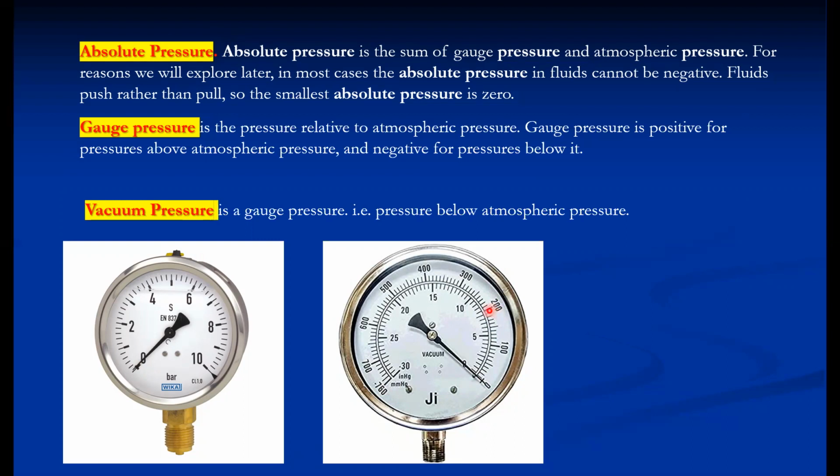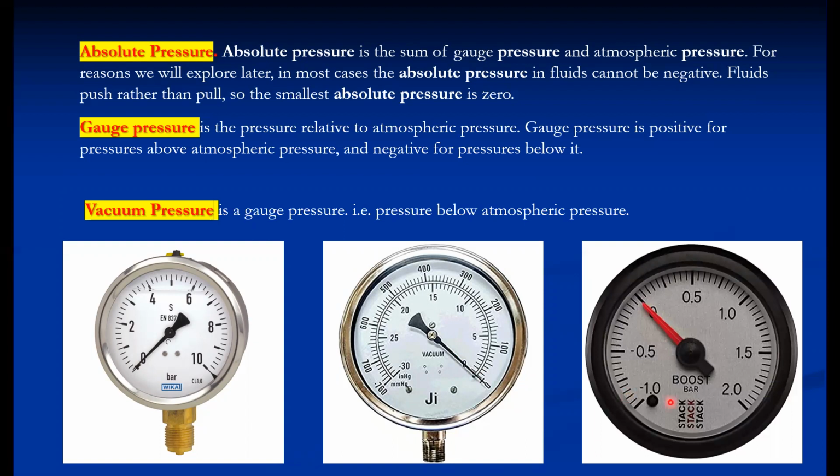These are the gauges which are used for measuring the gauge pressure. This one is used for measuring positive pressure because there is no level; it only moves in the clockwise direction. And this one is used only for negative pressure. It is not suitable for positive pressure because it moves only in the anti-clockwise direction.